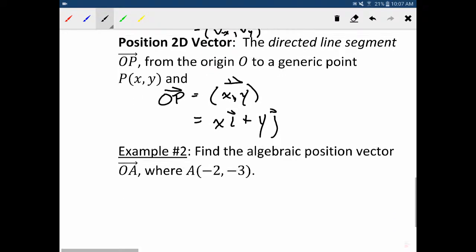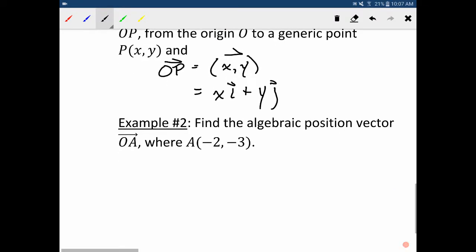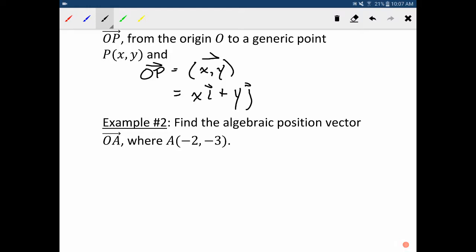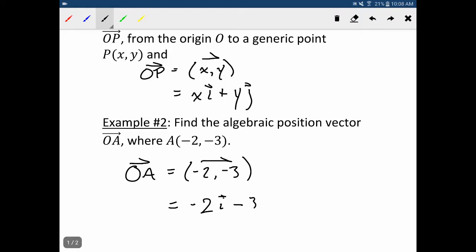Sometimes one's more useful, and sometimes the other's more useful. So, for instance, if I'm finding an algebraic position vector OA, where A is at (-2, -3), well, OA is just (-2, -3), or I can write it as -2i minus 3j.